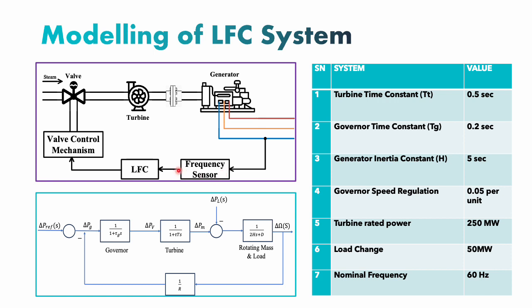Now, this sensor is coupled to a load frequency controller, and when the sensor measures a lower frequency, the frequency controller senses it and sends a signal to the valve control mechanism to open or close the valve in order to maintain the power system's frequency at nominal.